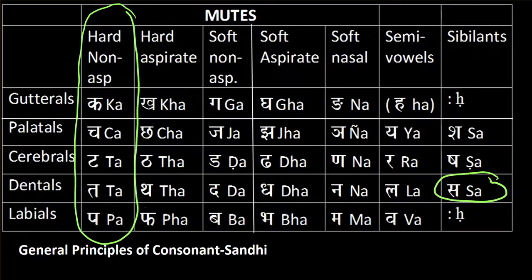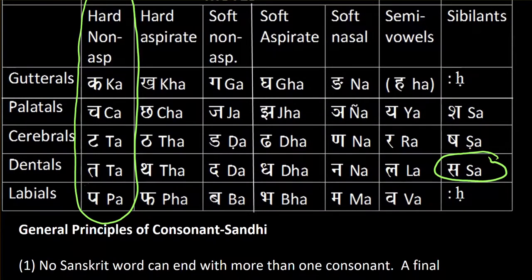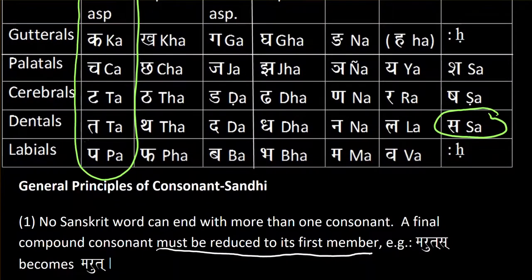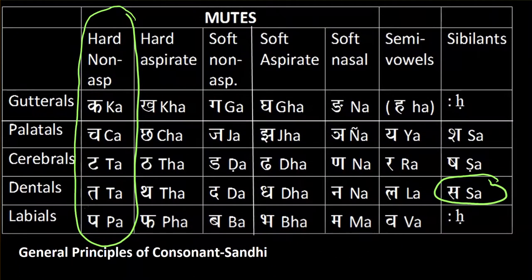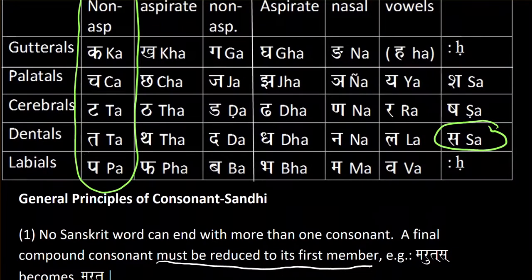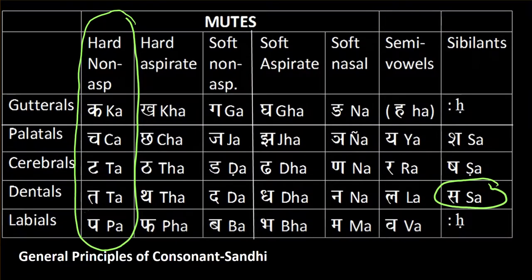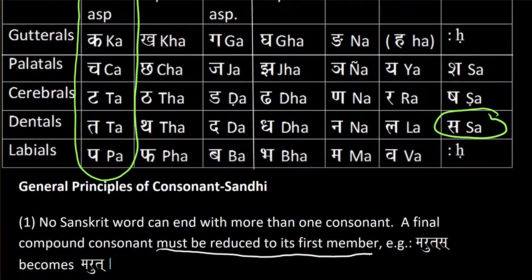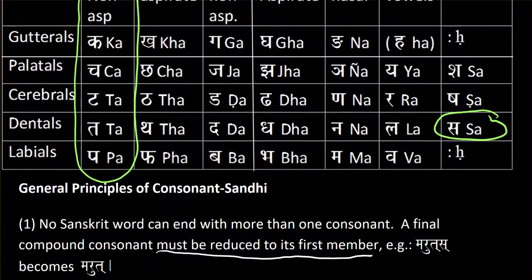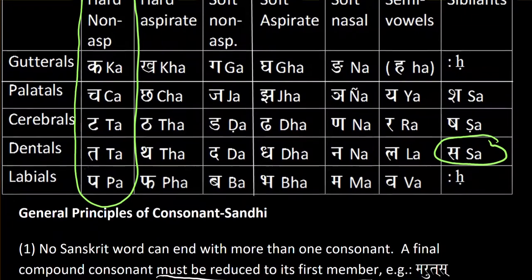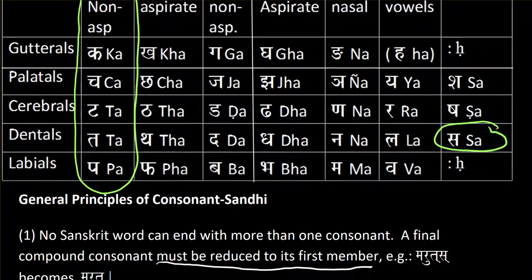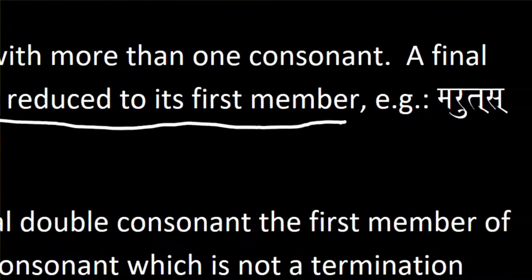So that's why sa got reduced, and maruts became marut. Any other letter in a word where there's more than one consonant will be reduced to one of these letters.